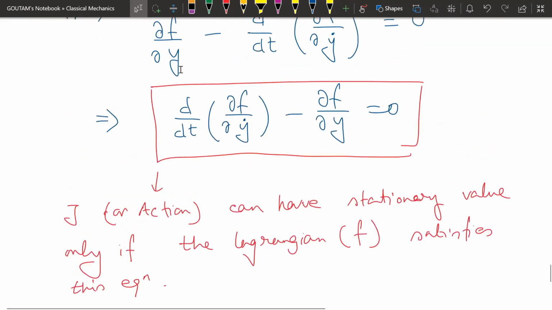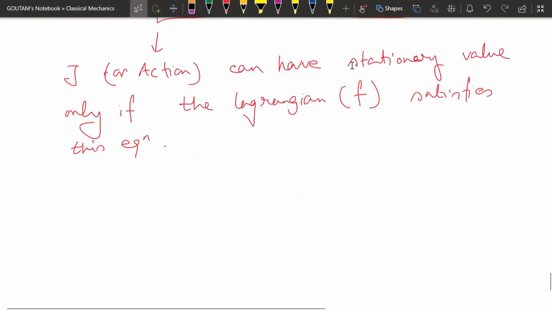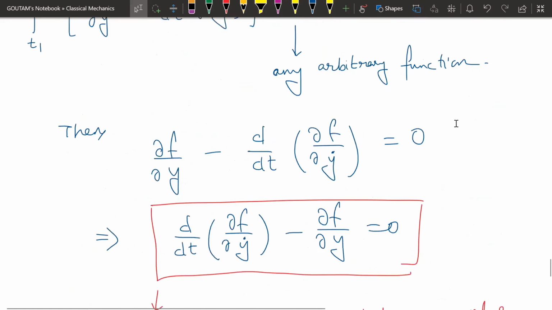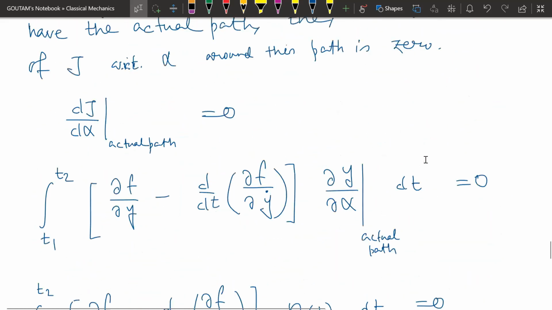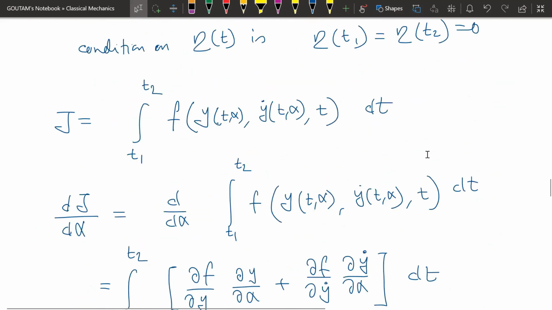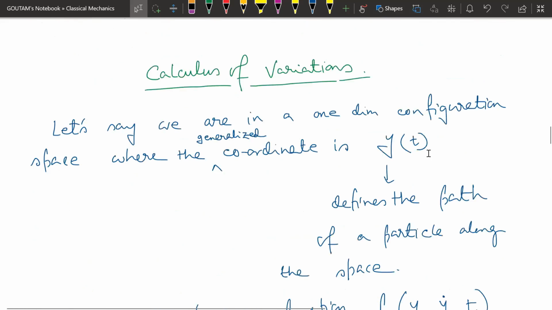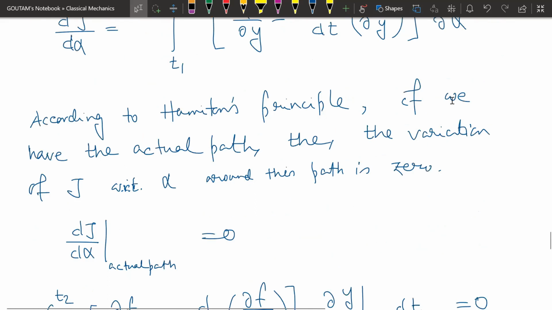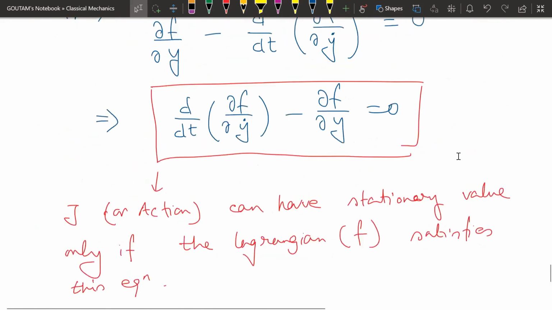And you can see easily, this is the Lagrangian equation of motion if we treat f as Lagrangian. We will do that in the next class. But before that, we will see some applications of this Hamilton's principle. There are a lot of beautiful applications of this calculus of variations. Then we will introduce the Lagrange's equation of motion with this variational principle.